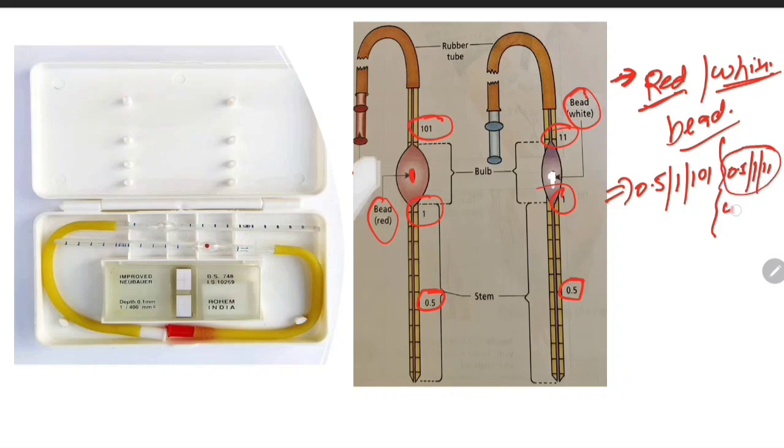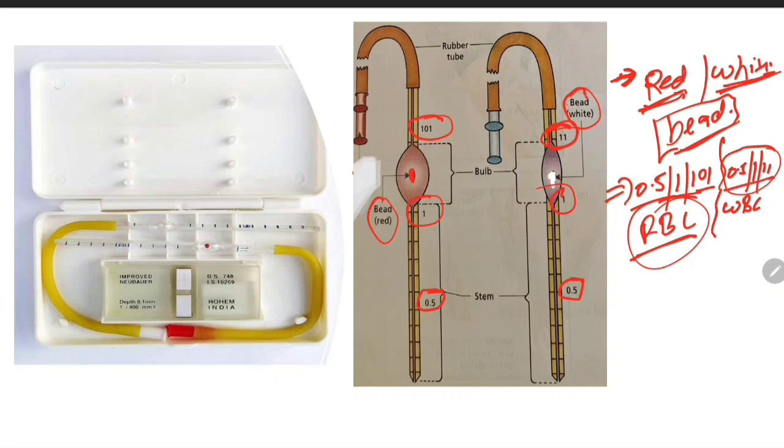So the first differentiating point is the bead, red in RBC and white in WBC. The second differentiating point is the markings.